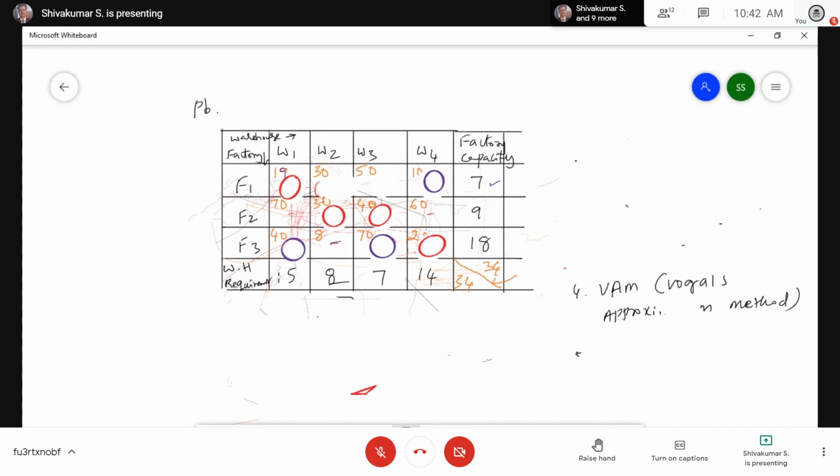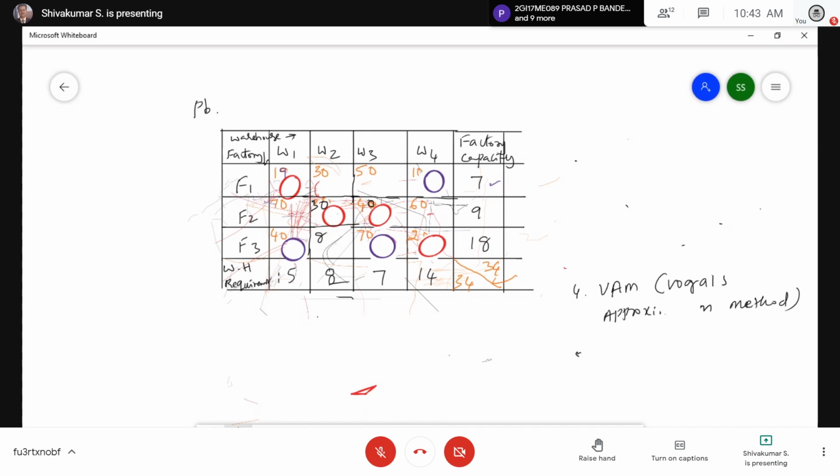Now you take the same problem, please. It's a very important approximation method, because it is going to be asked in examinations, in many exams. Please take the same table once again.